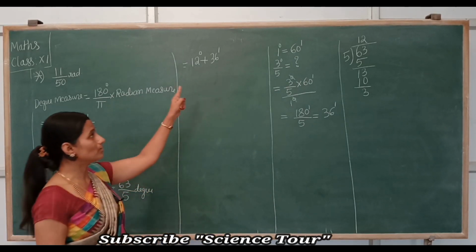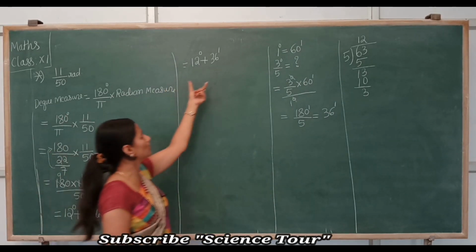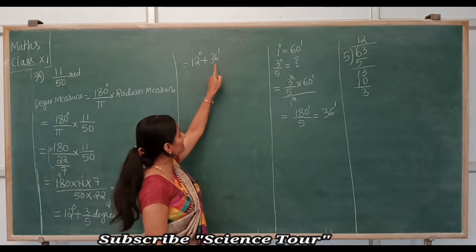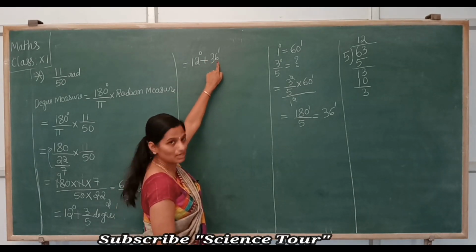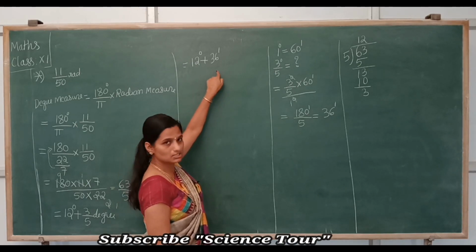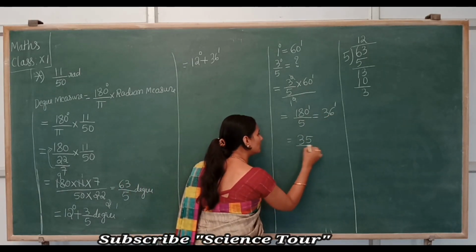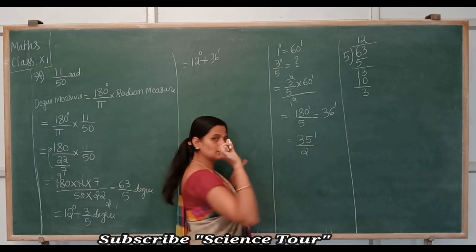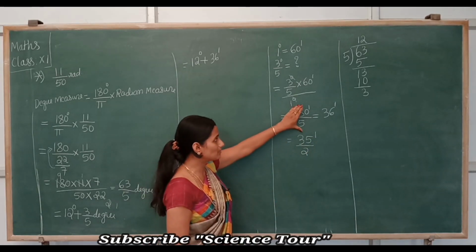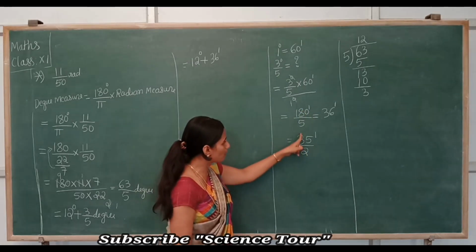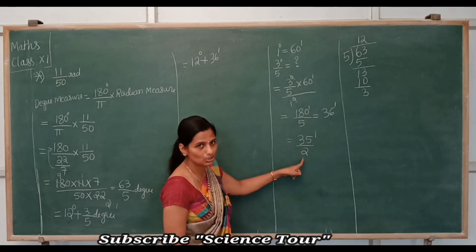Now is it necessary to convert this 36 minutes to seconds? No need. Why not? Because in this minute there is no fraction. Suppose here you get the answer 35 divided by 2 minutes. Is it possible to cancel here? No, right?